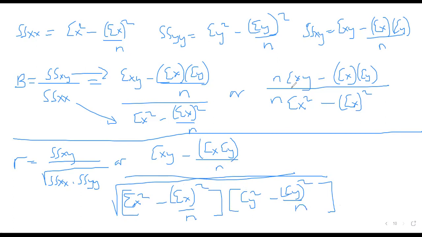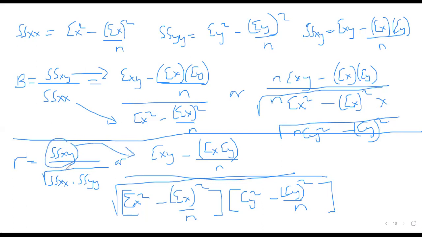Then all the n's will just come in front. This will be that times square root of n summation of y squared minus summation of y to the power 2. Are you getting what I'm trying to say? These things are just fused in to make them a little bit complex, but it's the same thing.